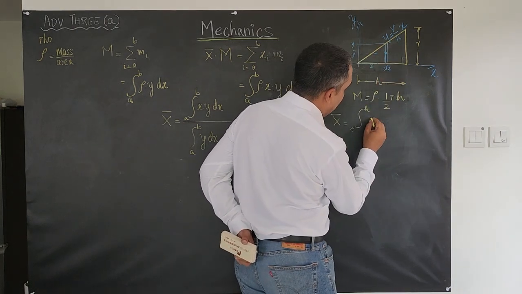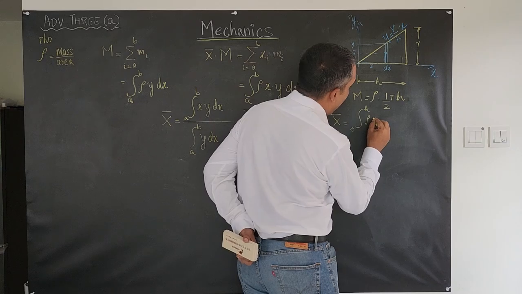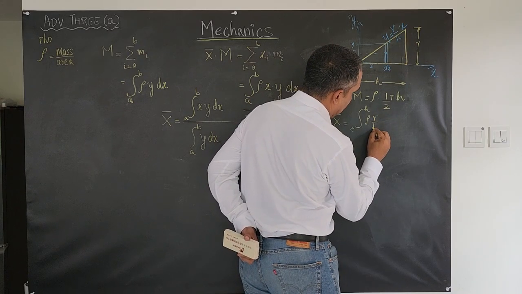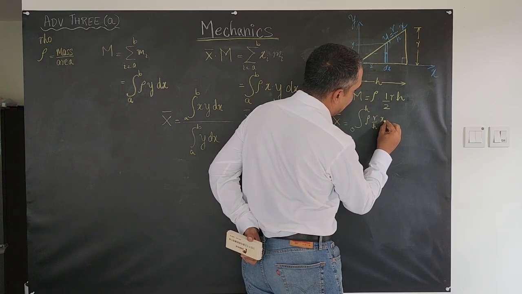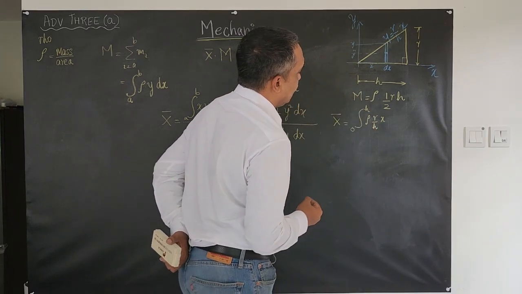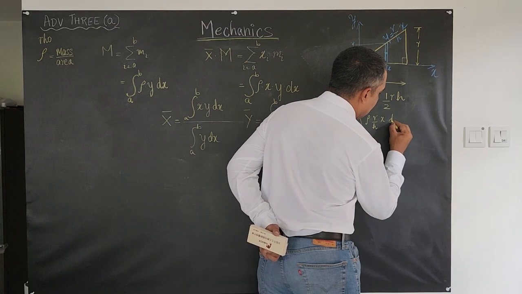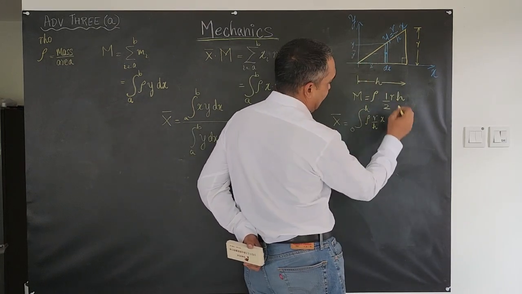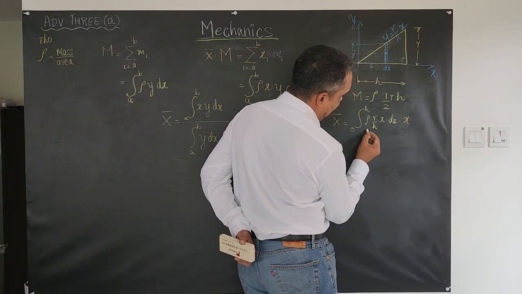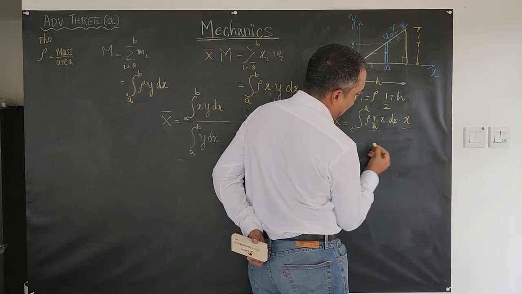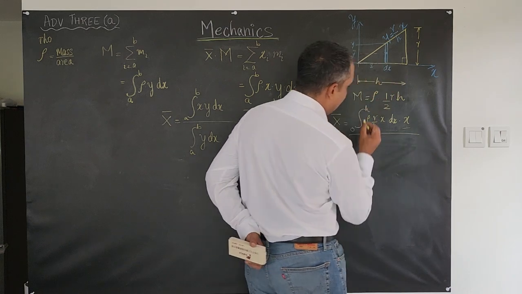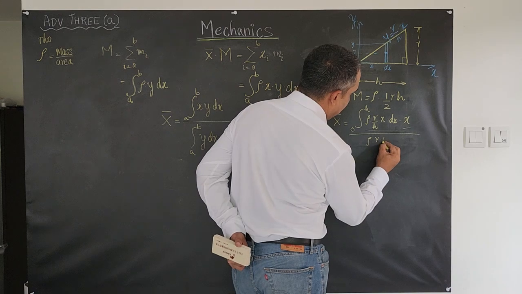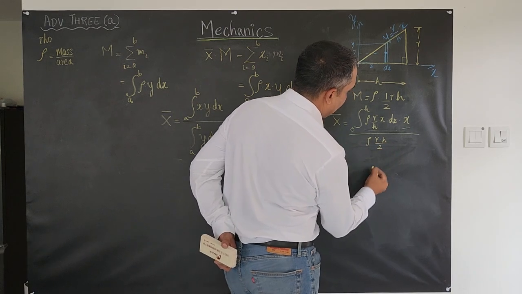Y is nothing but r by h times x times dx, multiplied by x, which is the x tilde. So that's my mi and that's my xi, divided by r h by 2.